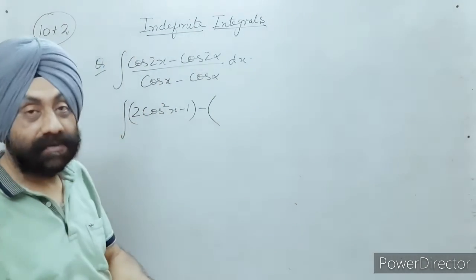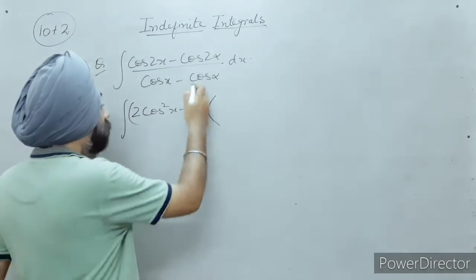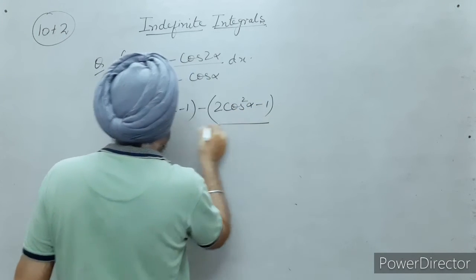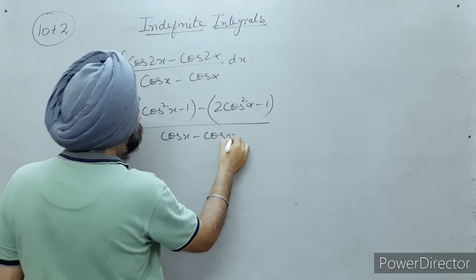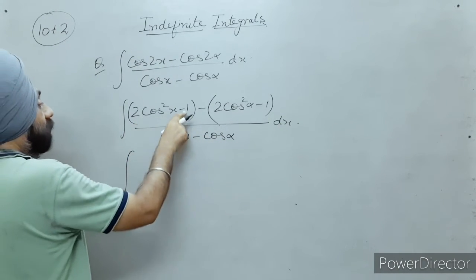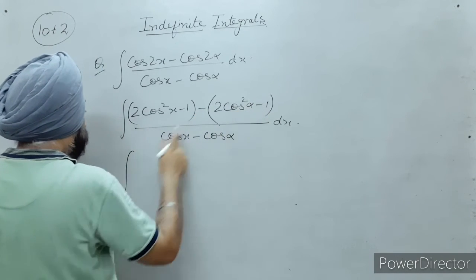I am using the formula cos 2 theta is 2 cos square theta minus 1. Now I can write this as 2 cos square alpha minus 1 divided by cos x minus cos alpha dx. When you open up brackets, it is minus 1, minus minus becomes plus 1, they cancel out.